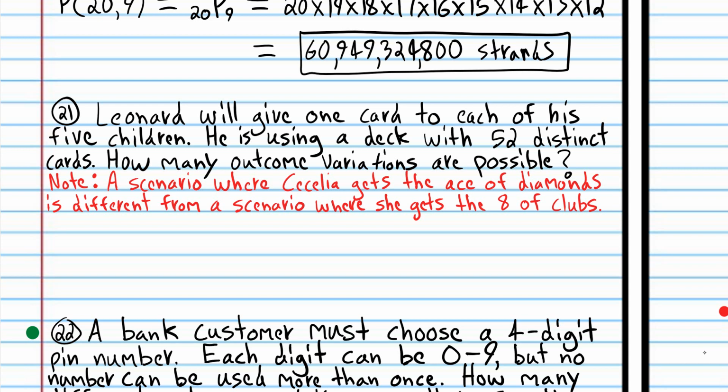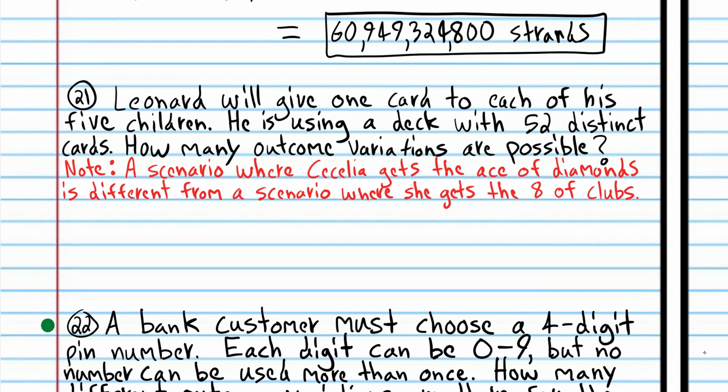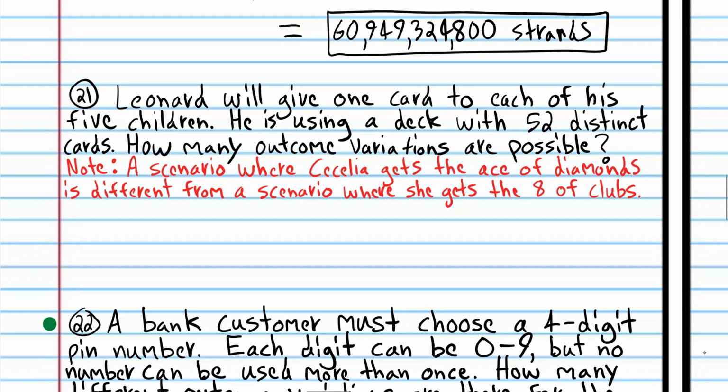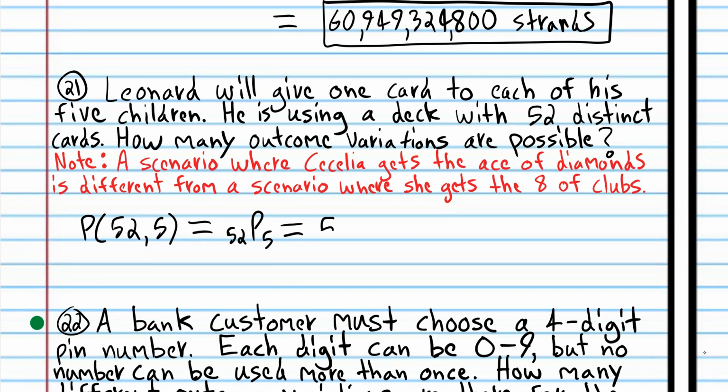So again, this is a problem where we have to choose what card we're going to give to the first person. So it's going to be P(52, 5), also written as 52P5. We're going to choose which card to give to the first child.